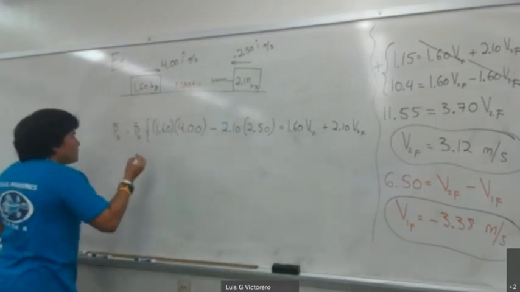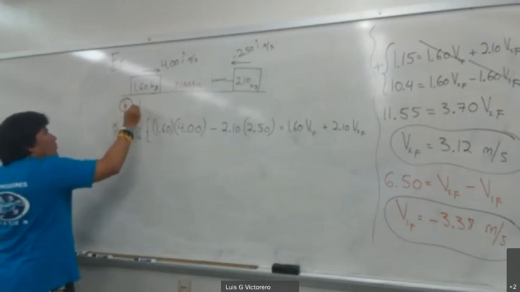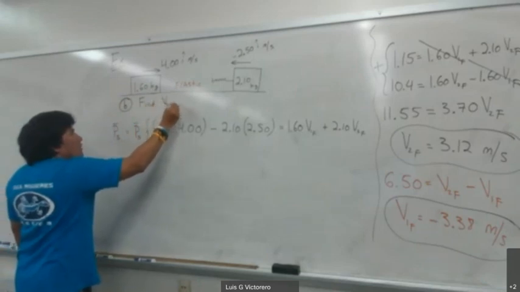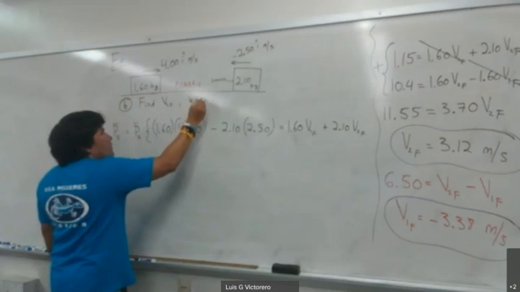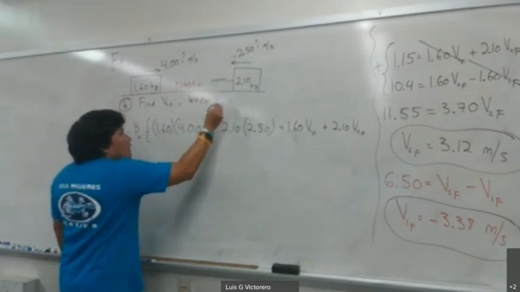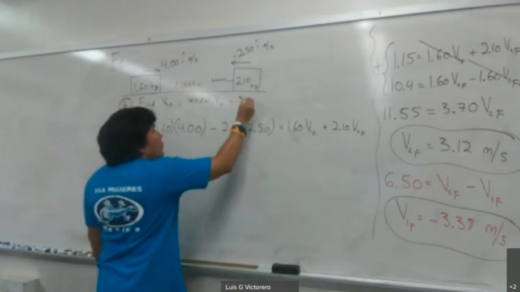But part B, find V2 final at the moment when V1 final is equal to 3.00 positive.